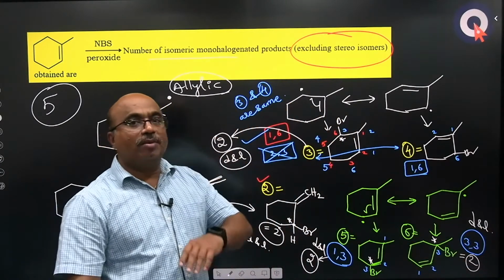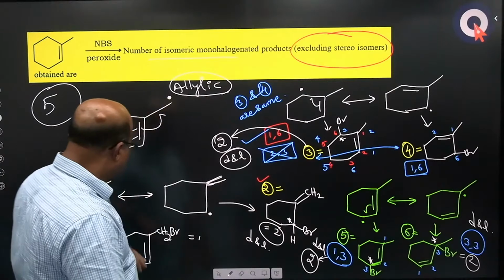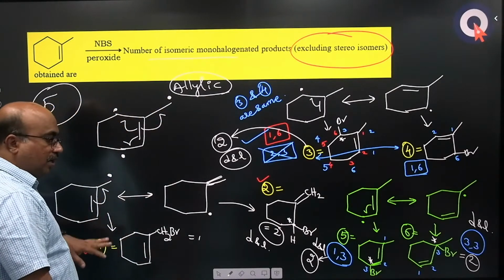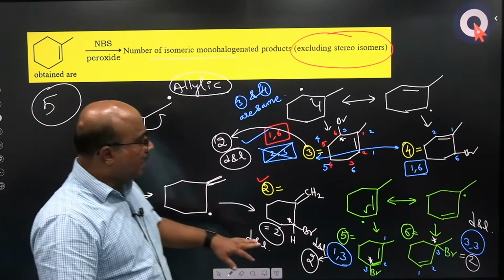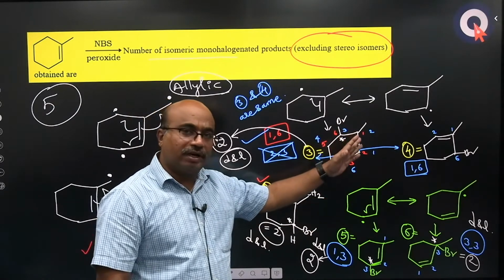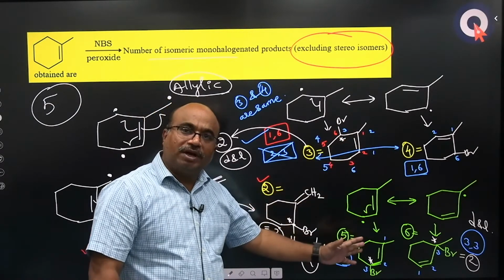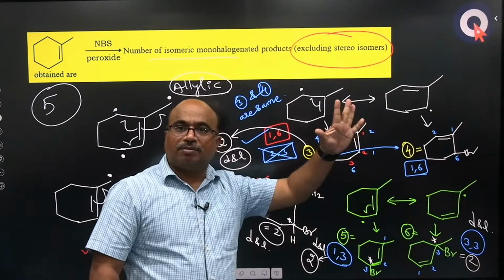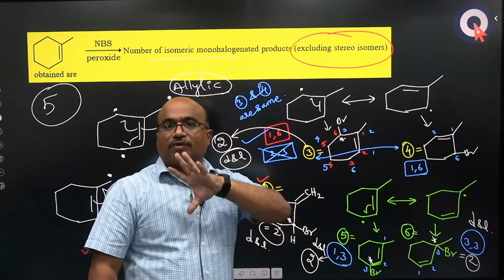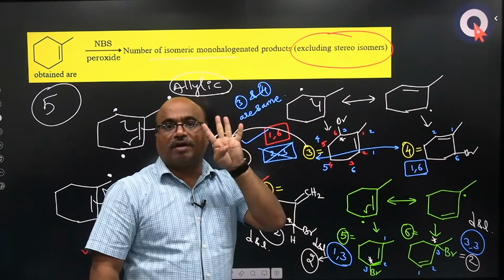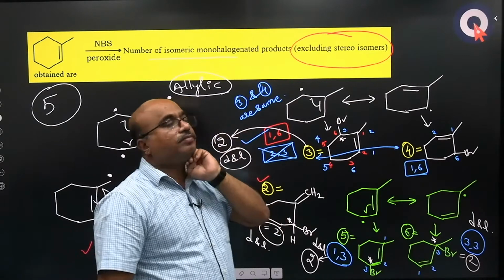So overall how many did we have? This one is only a single. The second one has an optical activity, third one has an optical activity, fifth one has an optical activity, sixth one has an optical activity. Means among the 5, 4 molecules are having optical activities.